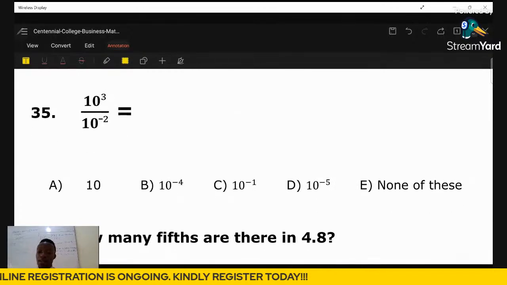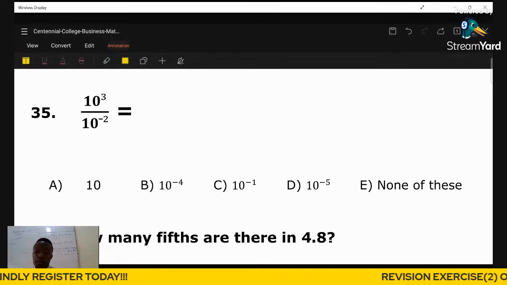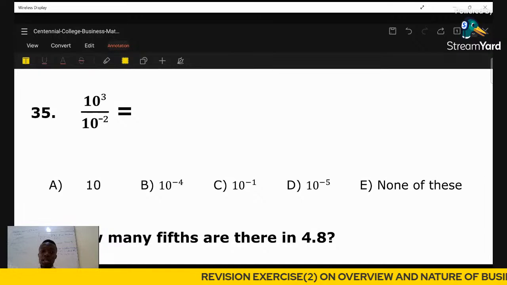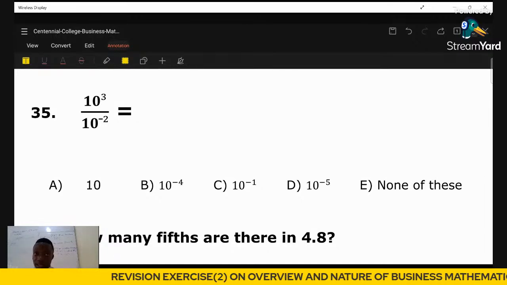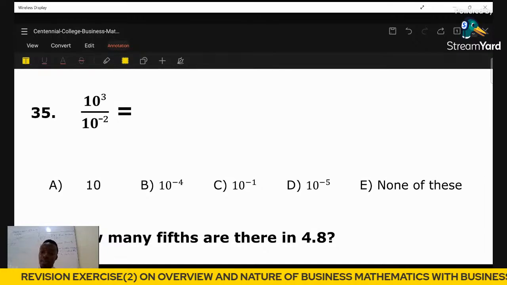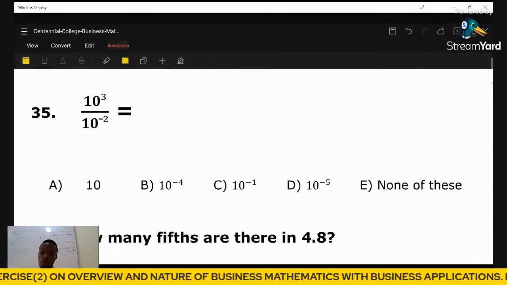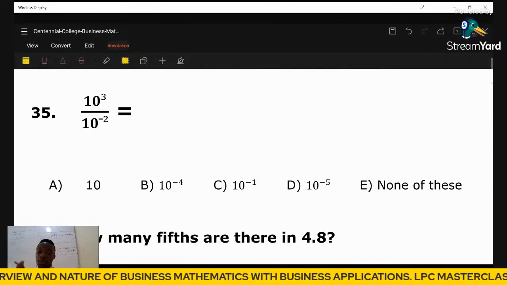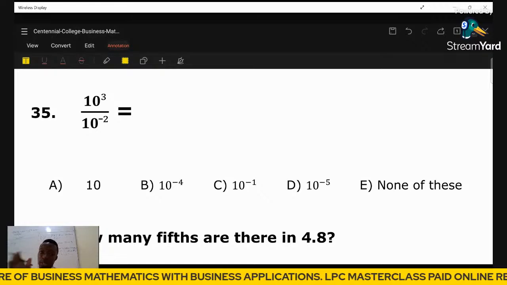Now, question 35. We have 10 to the power of 3, all divided by 10 to the power of negative 2. This is actually what we call the law of indices. When we have equal base, which is 10, to deal with this, we subtract the denominator exponent from the numerator exponent.